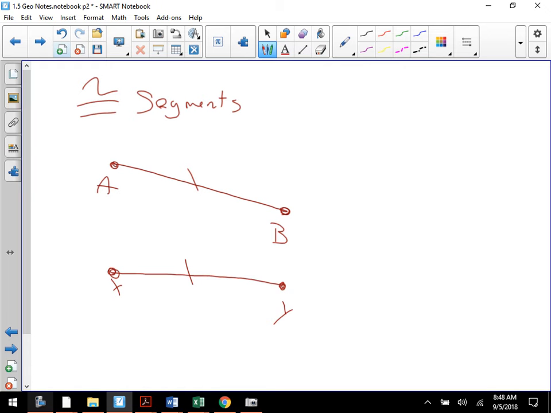Let's see if we can do this. I've got some examples of things that we can draw. This would be perfect for you to know how to space your drawings.